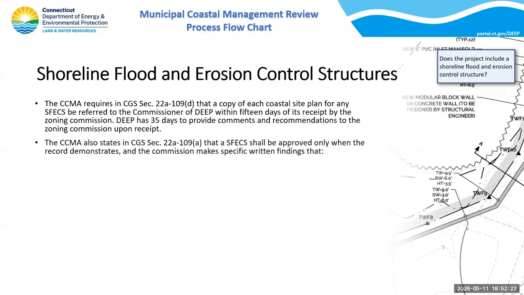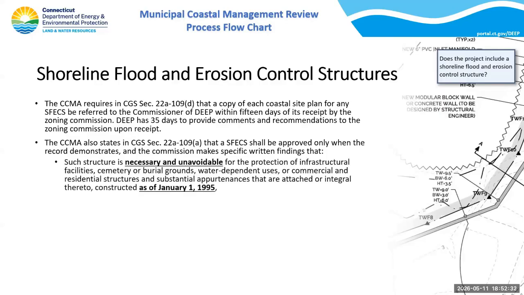The CCMA also states that shoreline flood erosion control structures should only be approved when the record demonstrates and the Commission can make specific written findings that the structure is necessary and unavoidable for the protection of infrastructural facilities, cemetery or burial grounds, water-dependent uses, or commercial and residential structures, and substantial appurtenances that are attached or integral thereto, constructed as of January 1st, 1995.